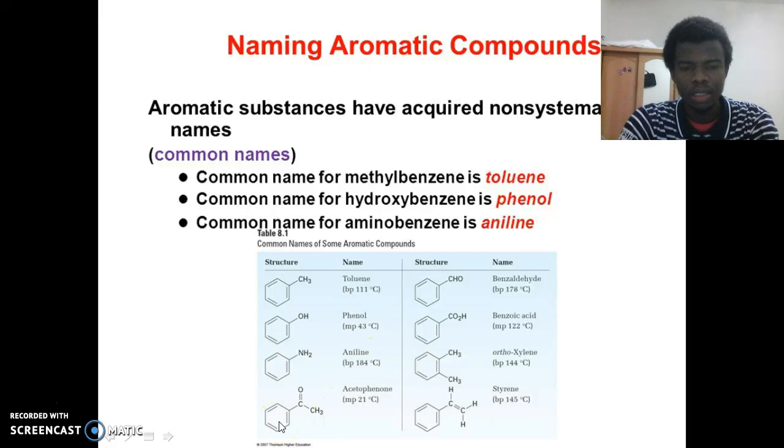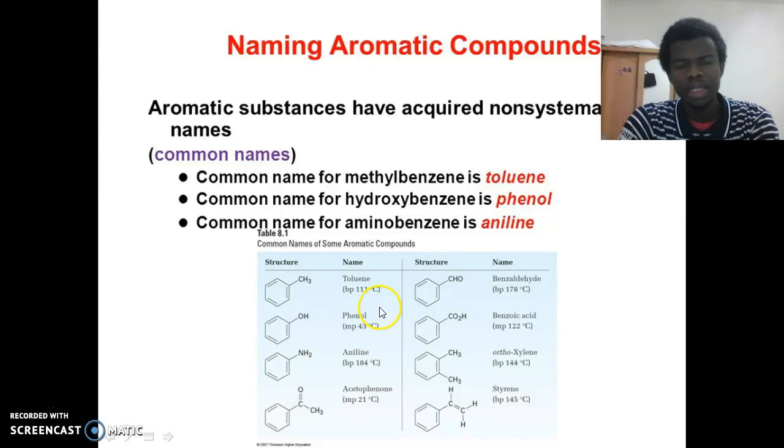A benzene with a methyl group bonded to a carbon with a double bond to oxygen, you can call it acetophenone. A benzene that has a substituent of CHO, we call it benzaldehyde, and so on.